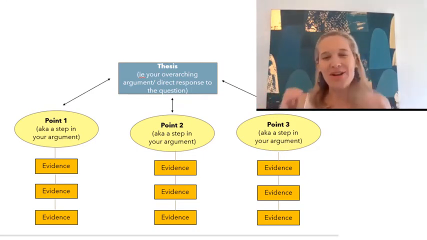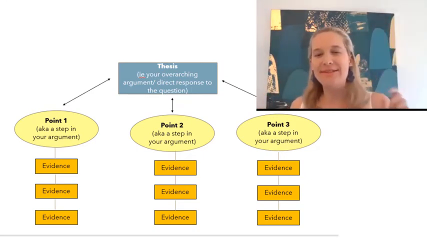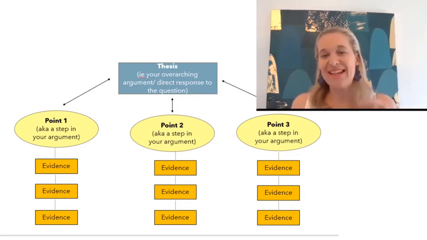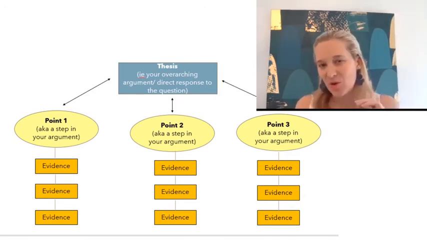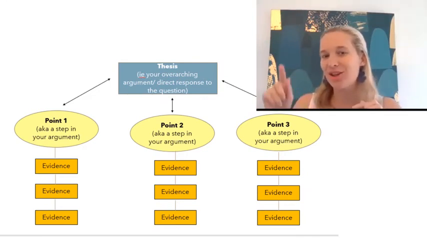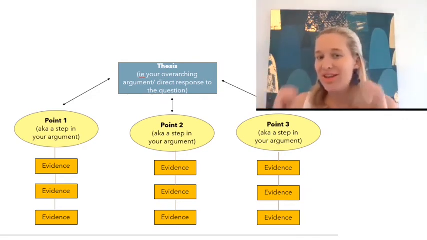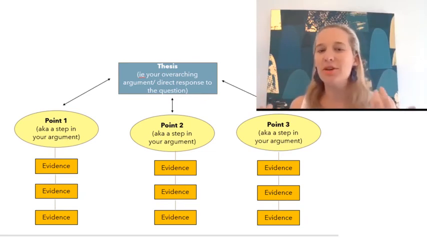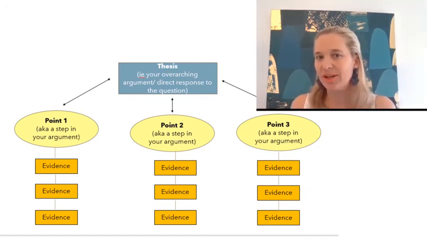So it's not enough that you have a thesis, sub-arguments, and evidence. Everything has its role, everything has its place, and everything ties back to the thing before it. So this is how you can build a strong essay. This is how you can build a cohesive response to the question, okay?